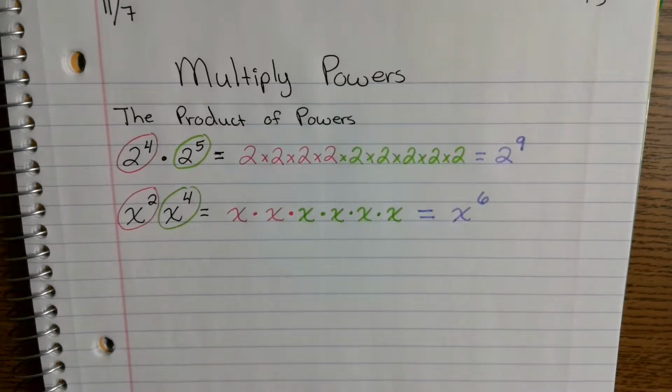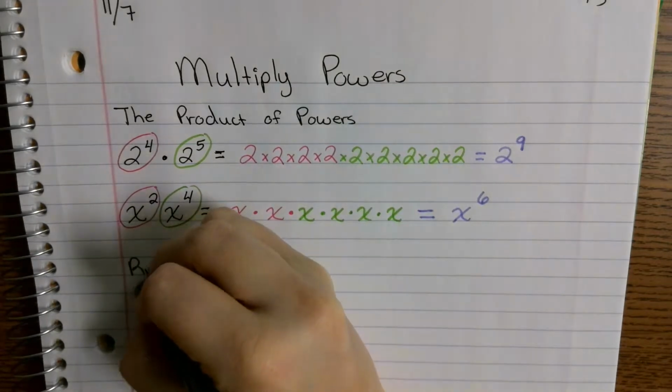Exactly. You're adding your exponents together. That's it. So when it's a product of the same base, you're just going to take your exponents and add them together to make it one base and one exponent. That's the product of power.